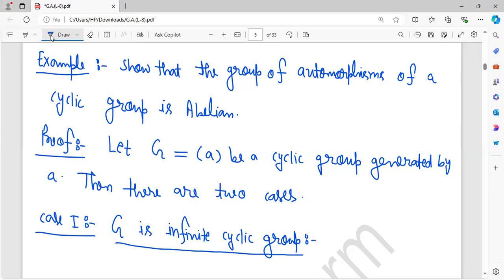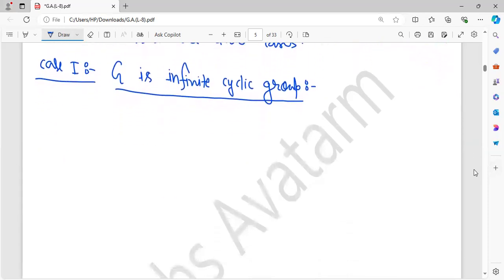If G is an infinite cyclic group, then there are two automorphisms.